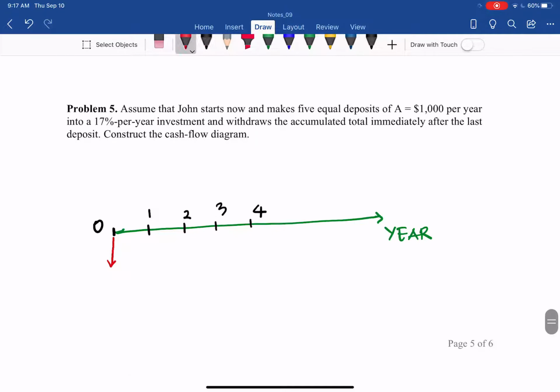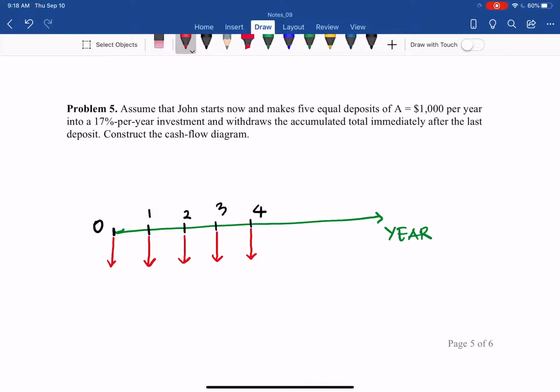The first one is now, at 0. The second is at the end of year 1, then at the end of year 2, at the end of year 3, and at the end of year 4. So that is 5 deposits. Now, 0; 1 can be said to be the end of year 1, or the beginning of year 2.